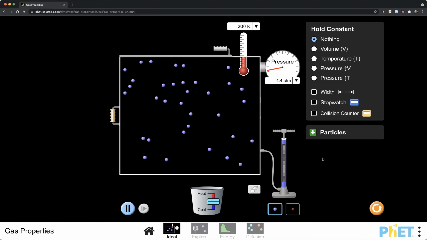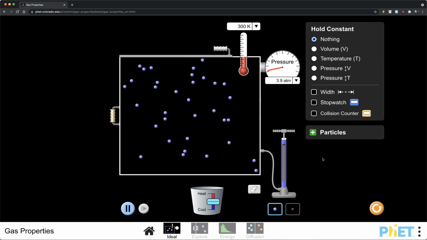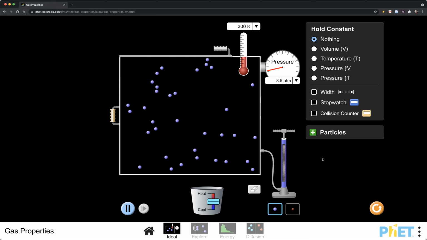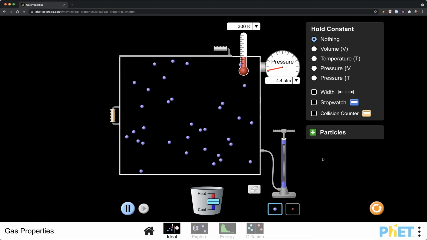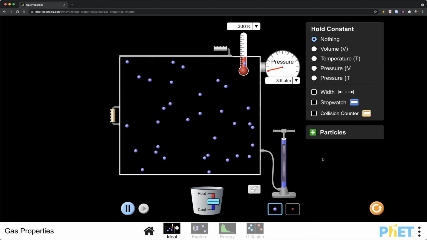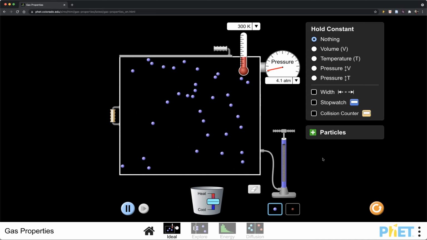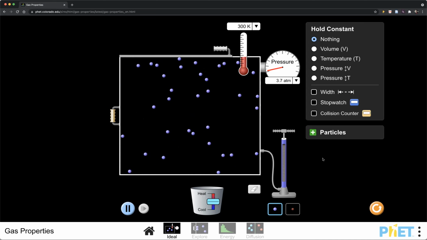So there's going to be times where there's very few molecules encountering the side of the chamber, and other times there's a greater number. The greater the number of molecules encountering the side of the chamber, the greater the pressure is going to be.